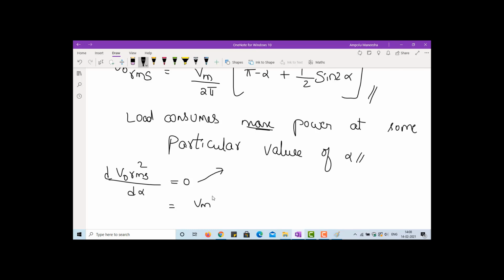Vm square by 2 pi is common and constant. Pi is constant, so 0, then minus 1 plus 1 by 2 into the derivative of sin, which is cos 2 alpha into 2, equal to 0.